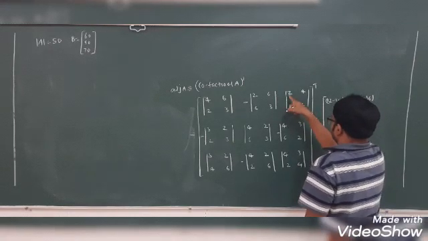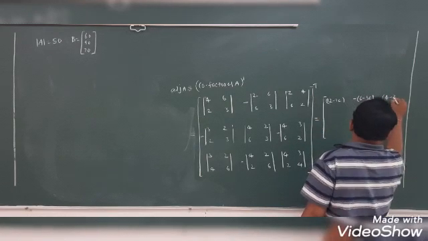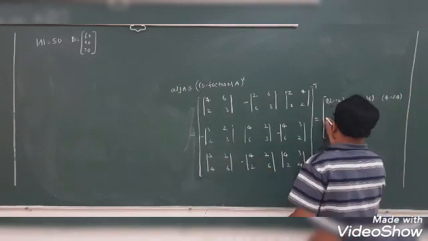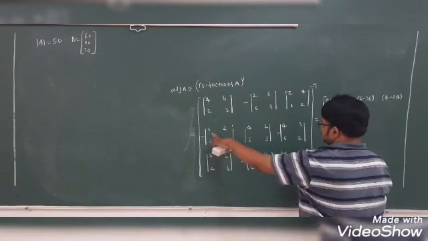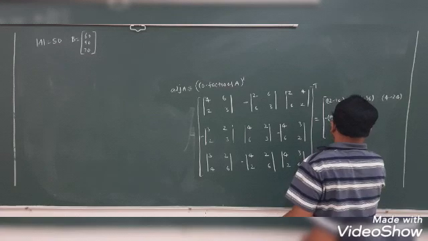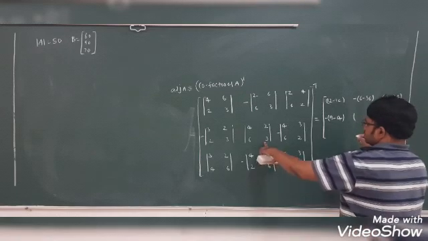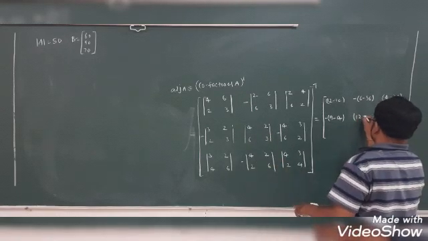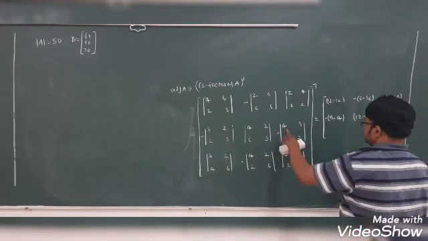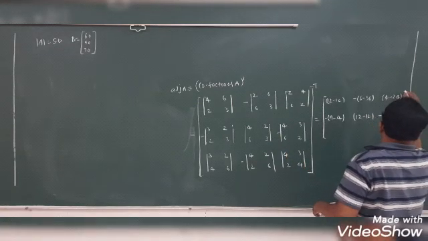Next, 2 2s are 4, minus 24. Next, minus of 3 3s are 9 minus 2 2s are 4. Next, 3 4s are 12 minus 6 2s are 12. Next, minus of 2 4s are 8, minus 6 3s are 18.